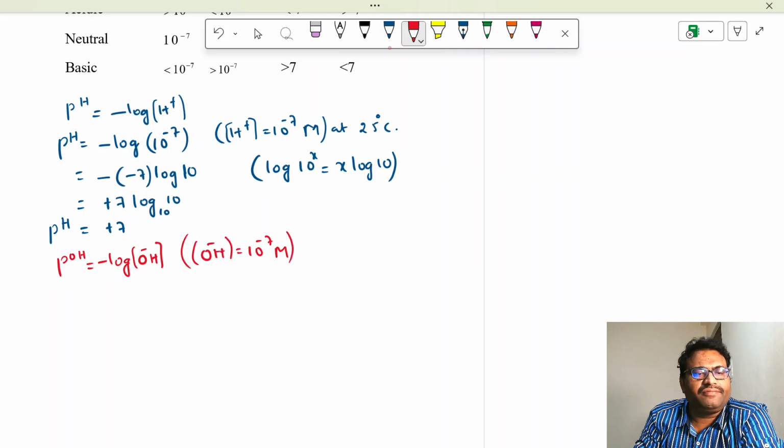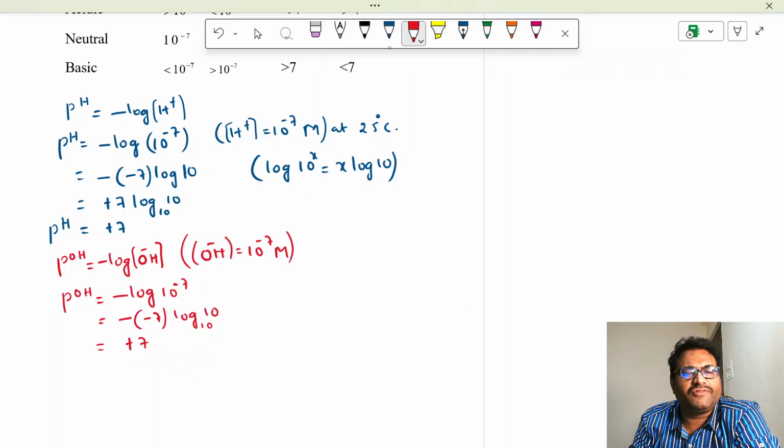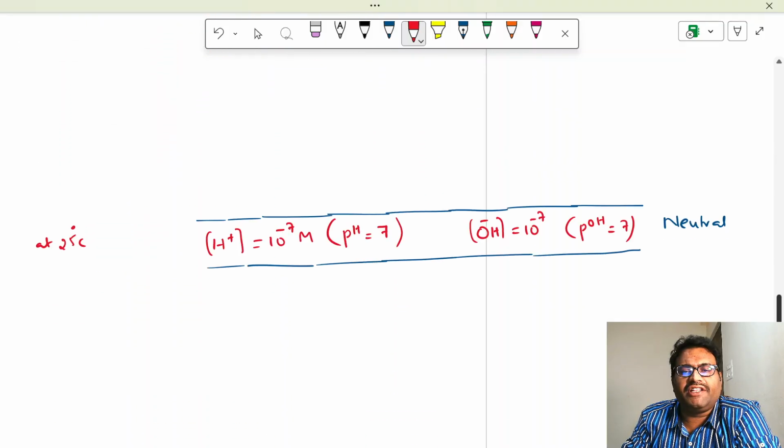So pOH is equal to minus log 10 power minus 7. That is equal to minus of minus 7 log 10 base 10. That is equal to plus 7. Understood? So that is the reason why we have written here in this way.